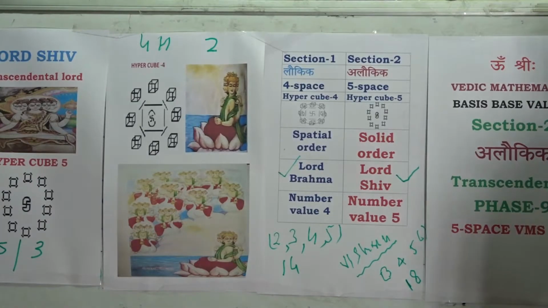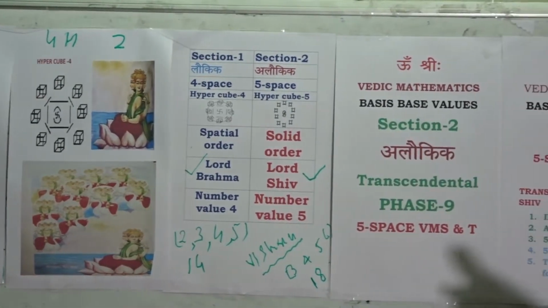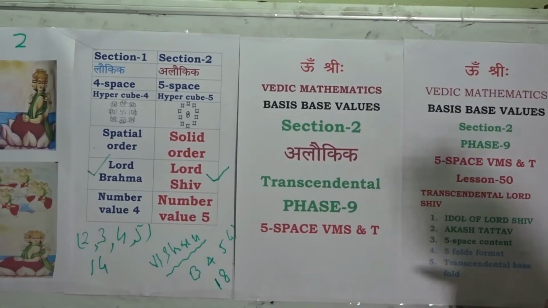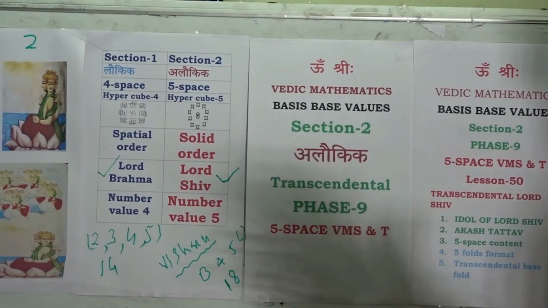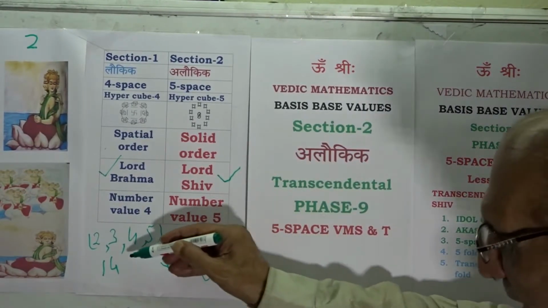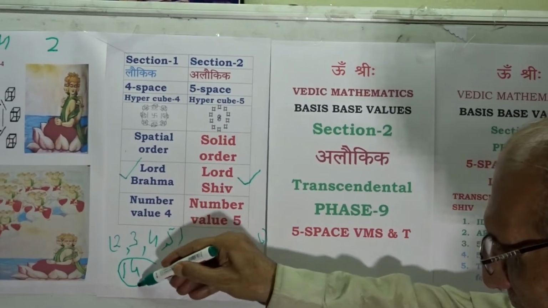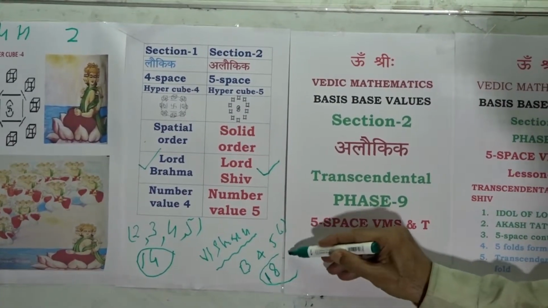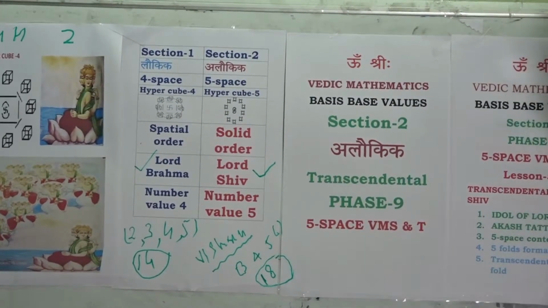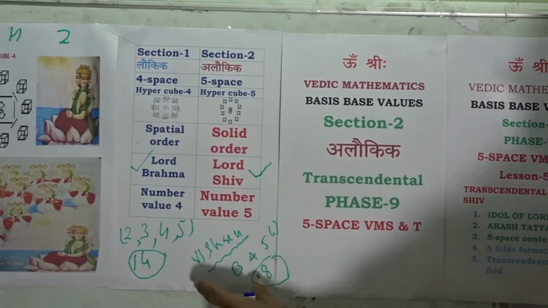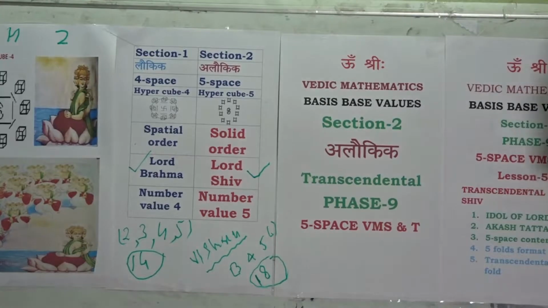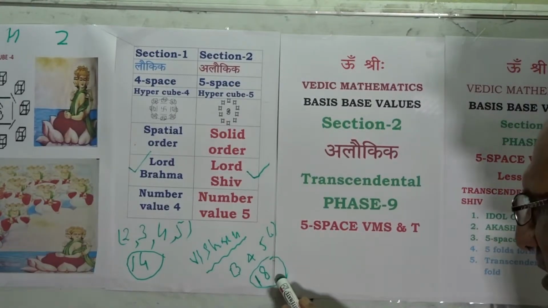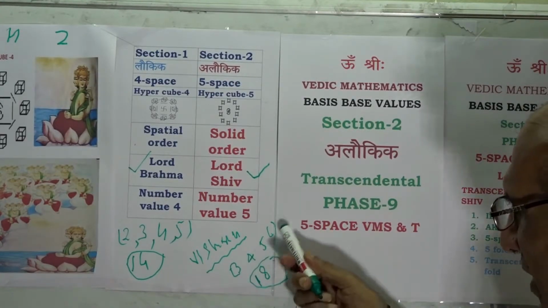Therefore, in one way we can say that previously we have been chasing the values of Vedic mathematics, science and technology parallel to value 14, and now we will be chasing the values parallel to the value 18. We also know that the value 18 has its organization 3, 4, 5, 6.